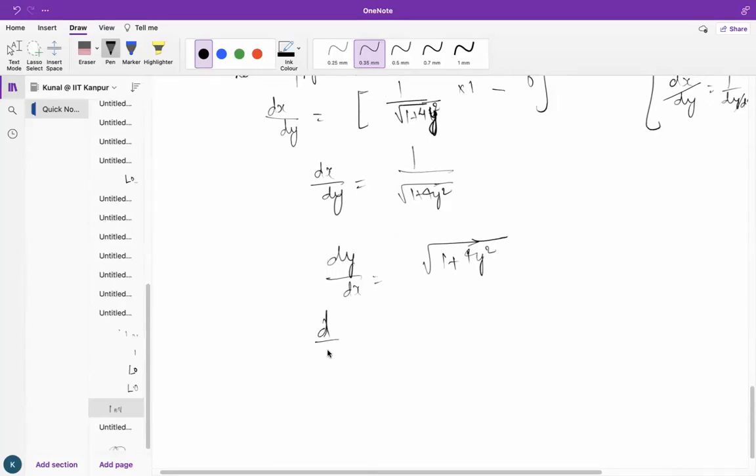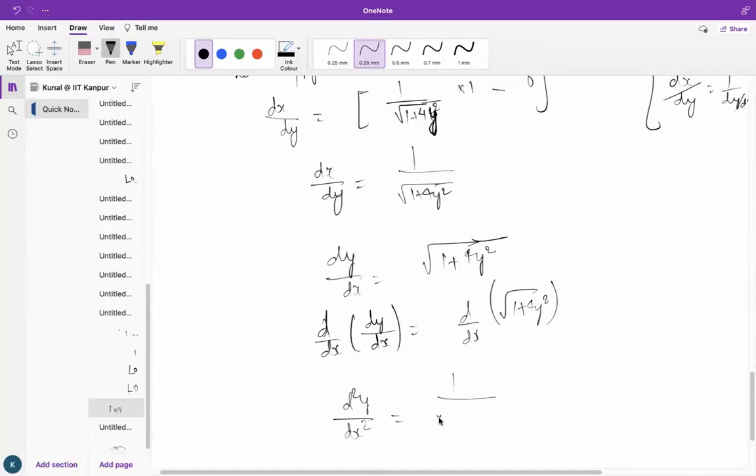So what I'm doing here, d by dx of dy by dx is equal to d by dx of root under 1 plus 4y square. So obviously we have to use the chain rule first here because this is a function of y. So we first differentiate with respect to y and then we differentiate with respect to x. So what we get from here, d square y by dx square is equal to, now differentiate it.